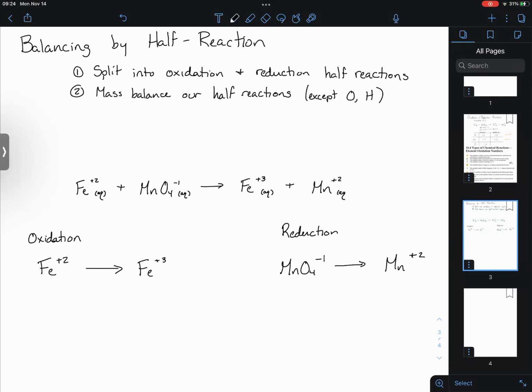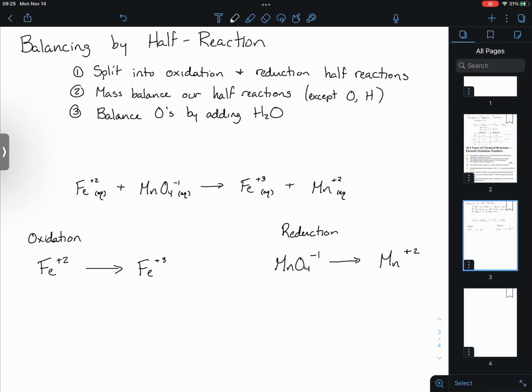All right, so now we're going to balance our oxygens by adding water. I'm going to be introducing water into these chemical equations specifically for the sole purpose of balancing my oxygens.